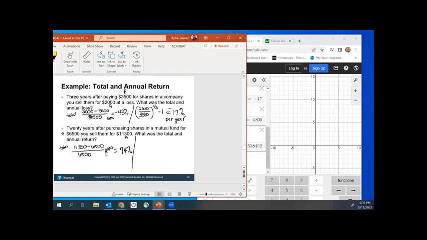And then annual is going to take that 11,300 over 6,500 to the 1 over, we now had this for 20 years. Put it over 20 and then minus 1.